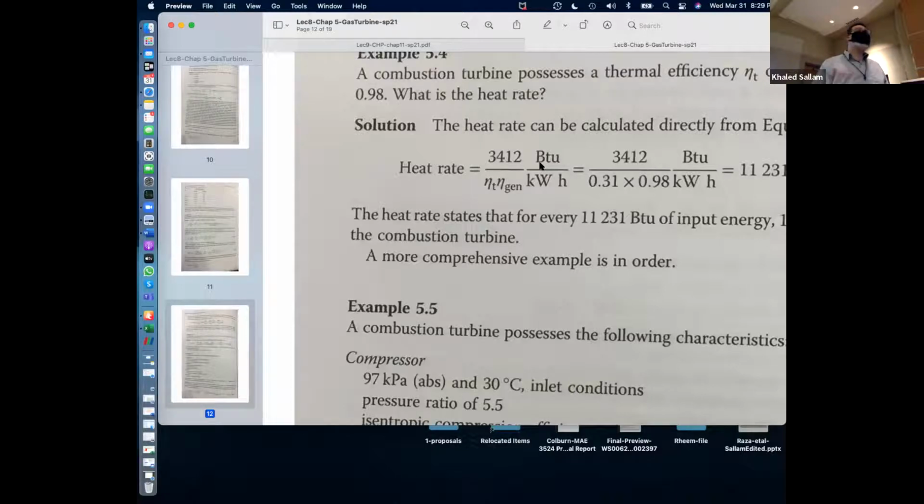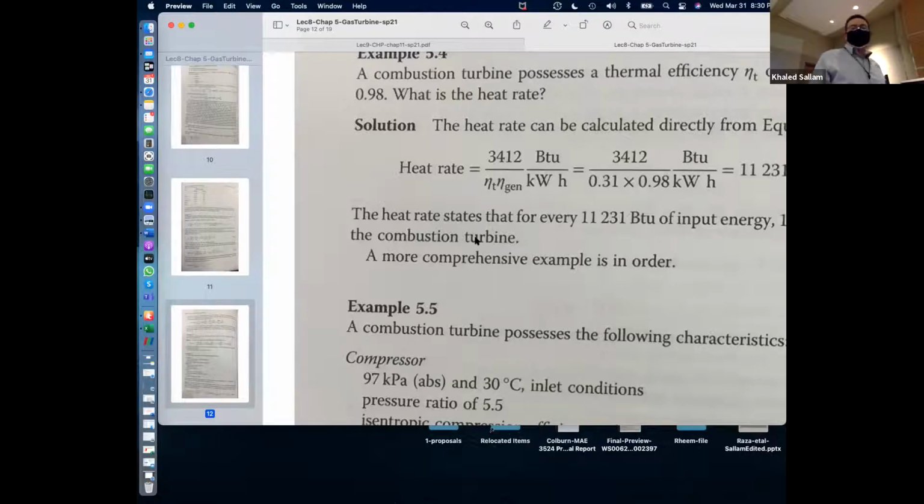Actually, they also do it in therms, which is like what, 100,000 BTU? Anyway, the unit is BTU, and so we need to do that conversion.